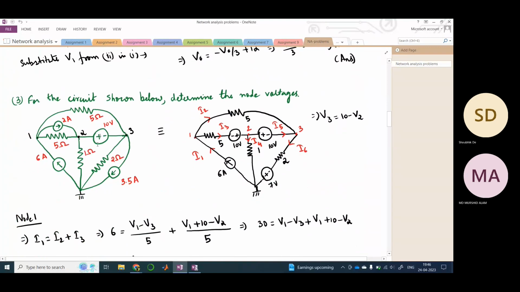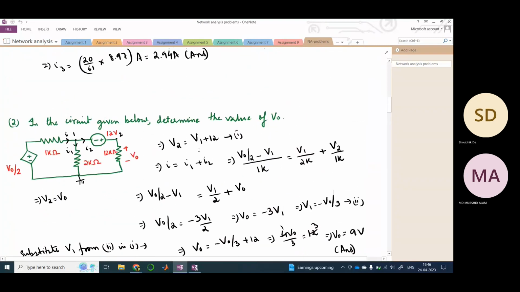Now it is pointing from node 3 to node 2, right? So node 2's voltage would be higher than node 3. And by how much? You need to add 10 volts to node 3's voltage. Therefore, your equation would be V2 equal to 10 plus V3, right?